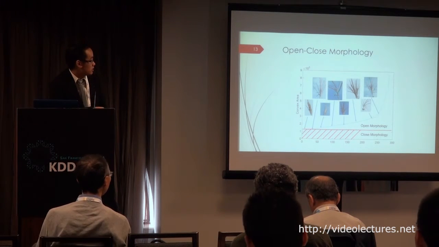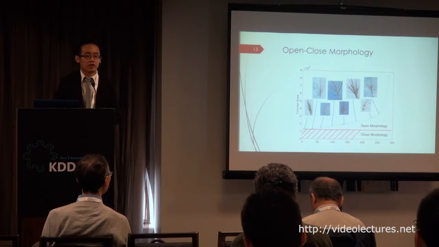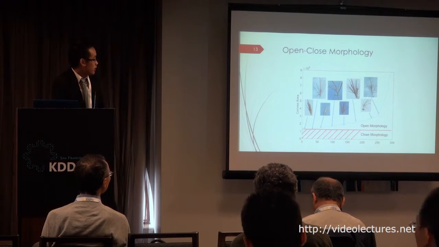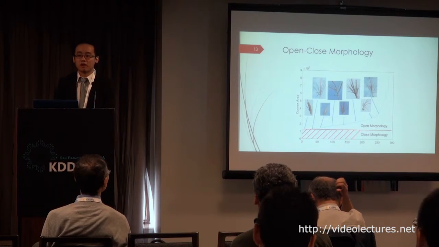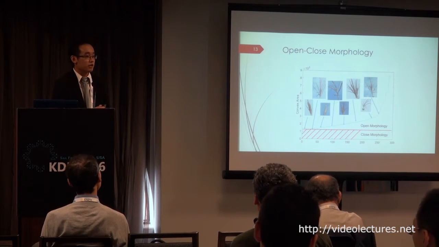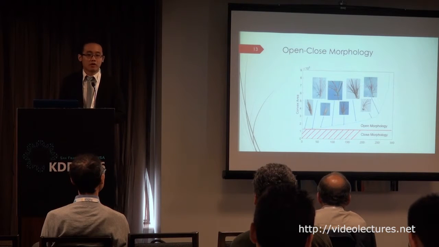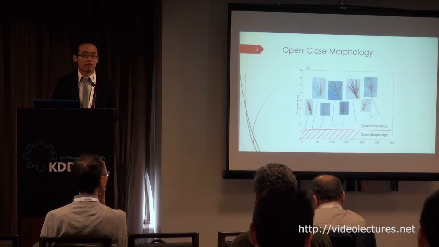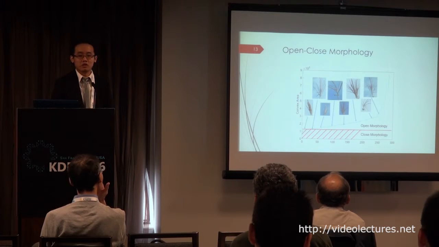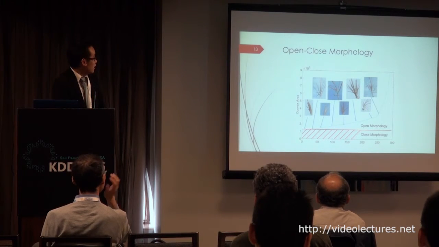But now, because we're able to analyze it on a very large scale, we're able to put a number and say like maybe 1.2 times 10 to the power 5 pixels in terms of convex area. We can say that this tassel is an open morphology versus a closed morphology for anything below it. So from now on, instead of a 0 to 1 system, we have a greater variability in our classification.